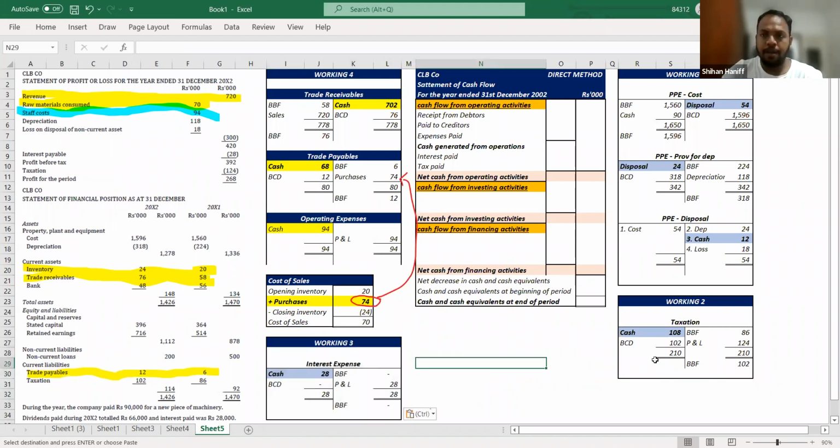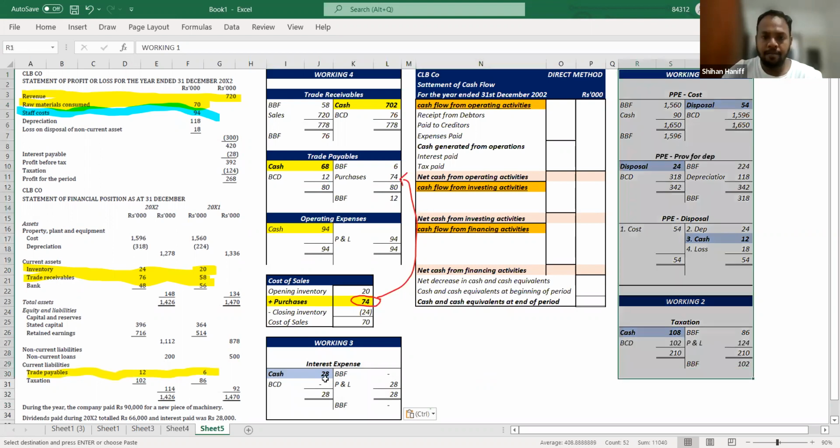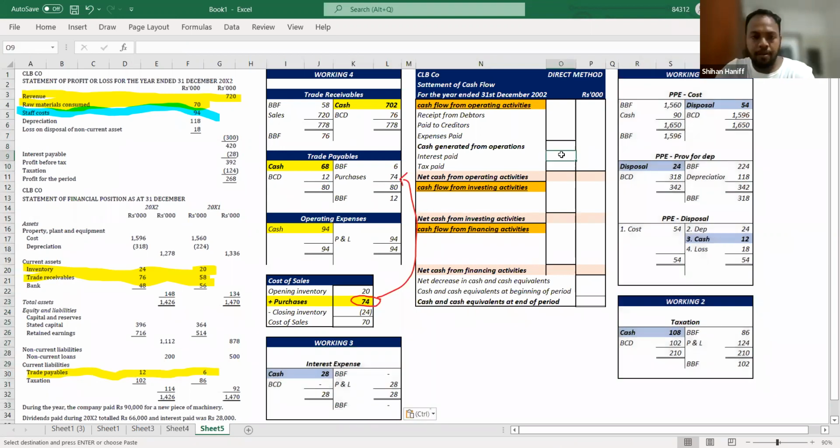Okay. The remaining workings come as it is. Interest paid 28. Tax paid 108.